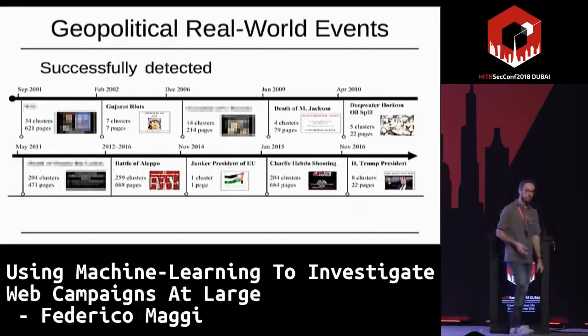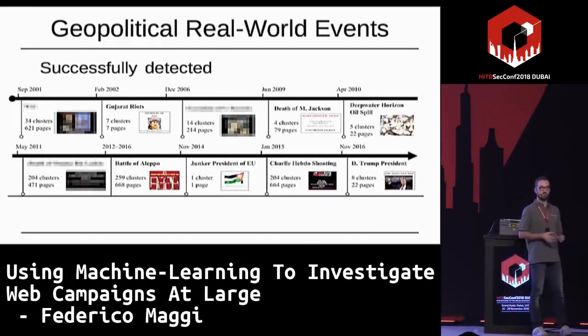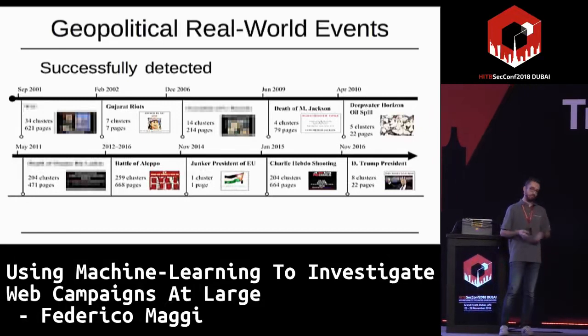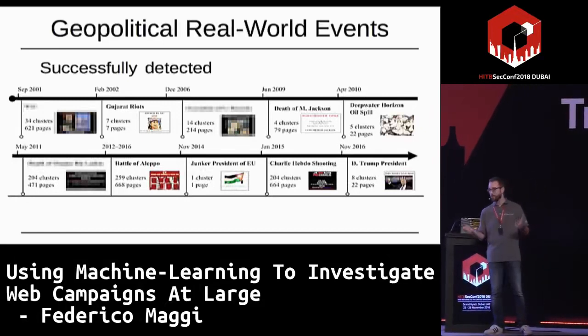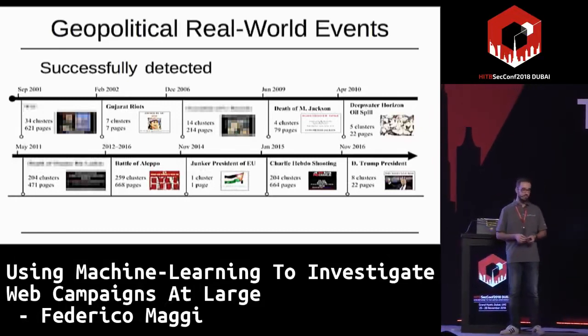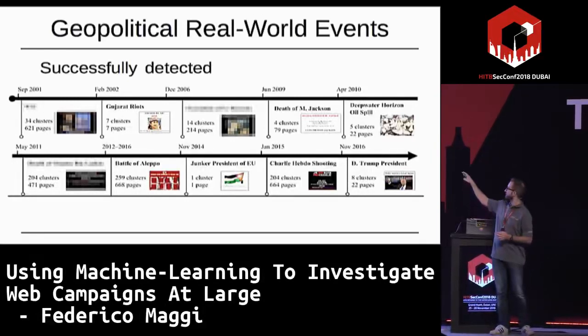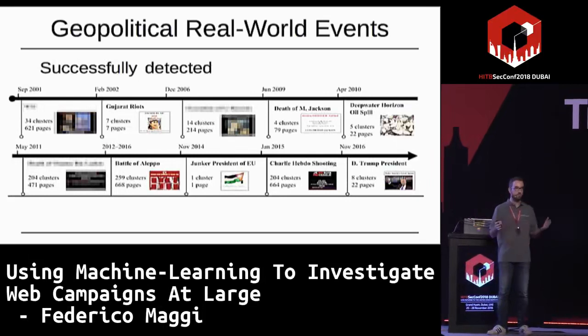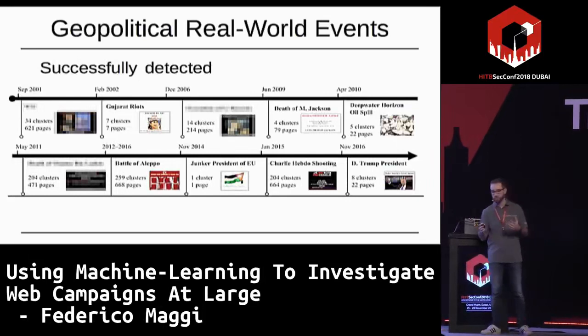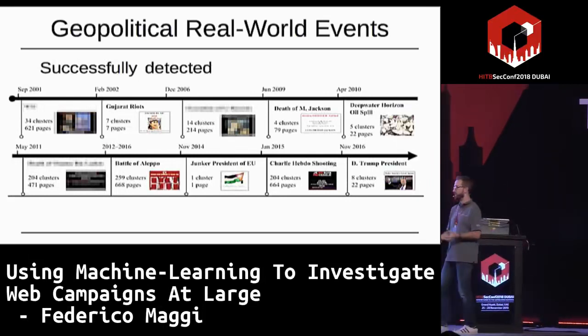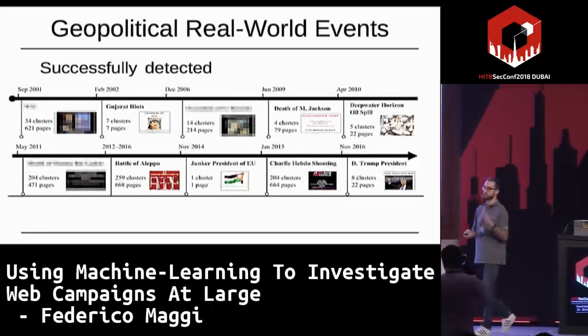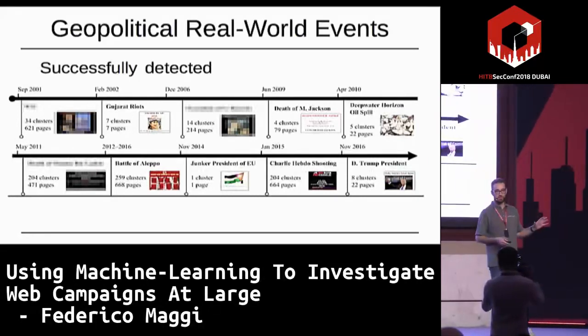After the Charlie Hebdo shooting, there were lots of campaigns. When President Trump was elected, lots of campaigns again. They're even sensitive to the Deepwater Horizon oil spill, so events that might change the quality of life in certain areas. I think this is the most significant image of the whole research.